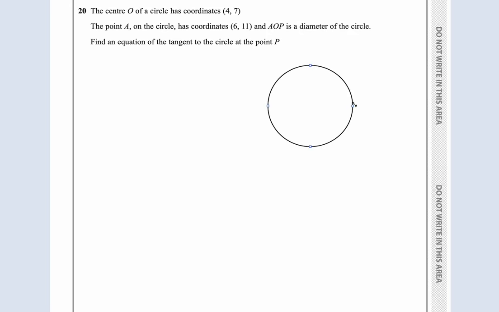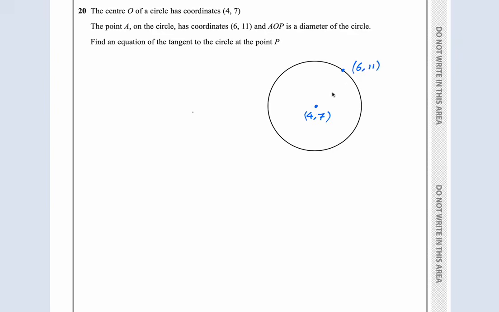Okay, nice. There's a circle. Center is 4, 7. Let's put in the center somewhere there. This is 4, 7. The point A on the circle has coordinates 6, 11. So let's assume we're going 6, 11 somewhere there. This is 6, 11.